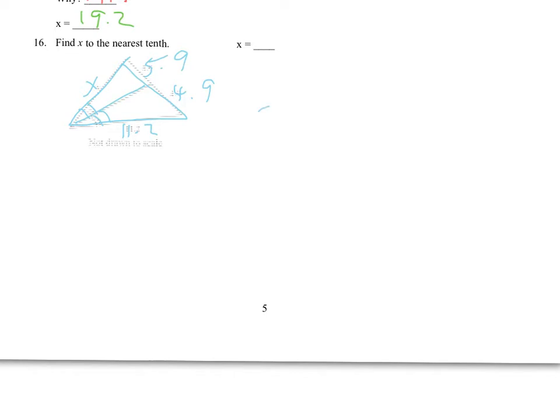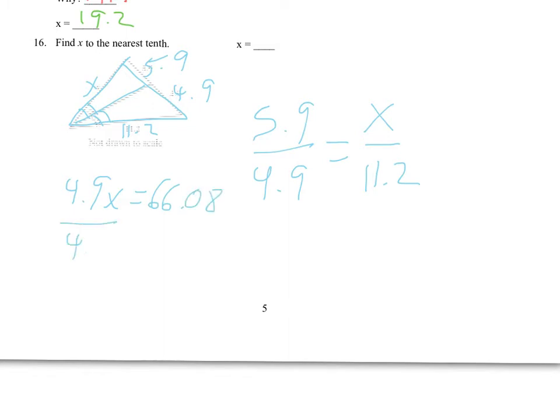So I can say 5.9 over 4.9 is going to be proportional to x over 11.2. Cross multiply, and I get 4.9x equals 66.08. Divide both sides by 4.9, and x equals 13.48.